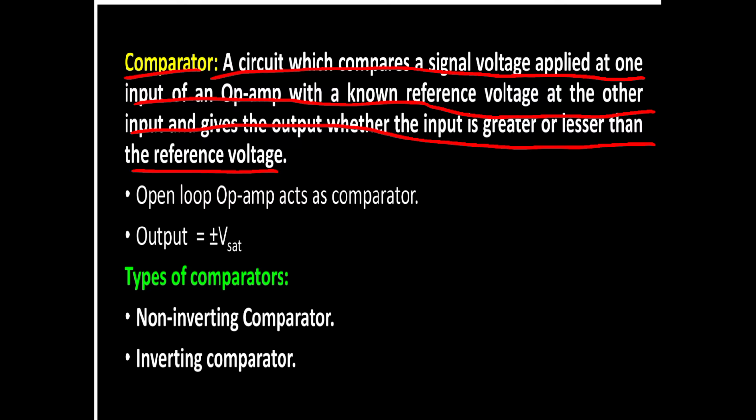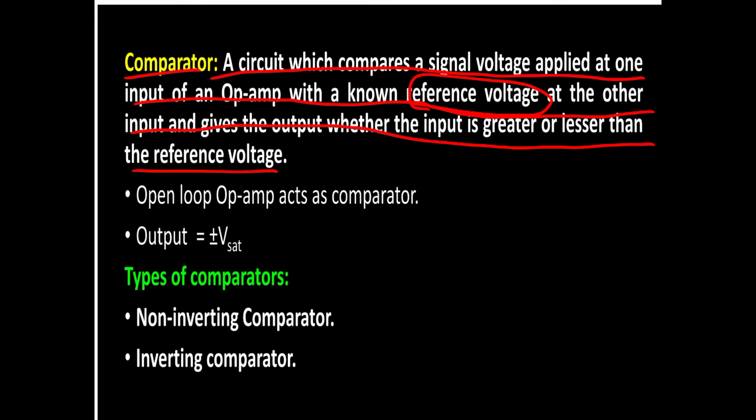One input of the comparator is an unknown voltage or unknown signal, and the other input is a known signal or known voltage, also known as reference voltage. The unknown voltage is compared to the known reference voltage, and according to that the output varies. This is known as comparator.